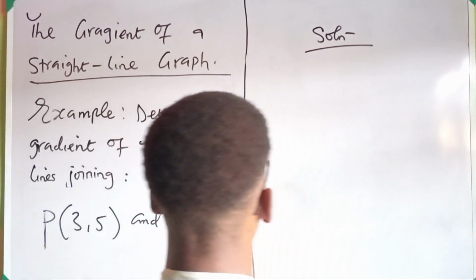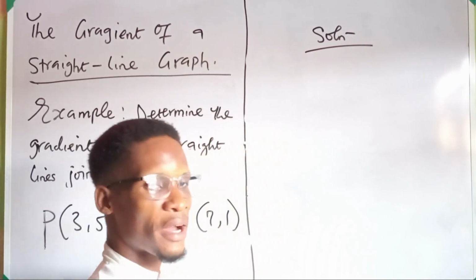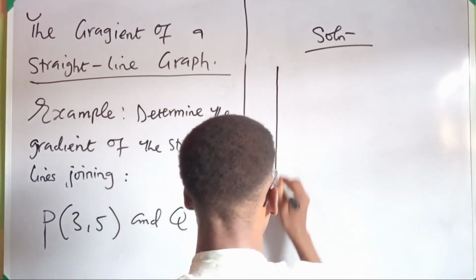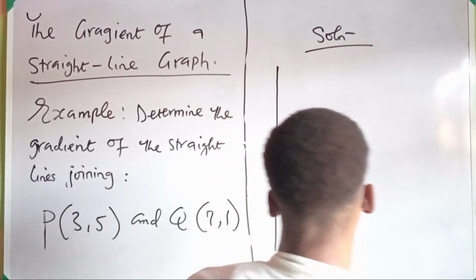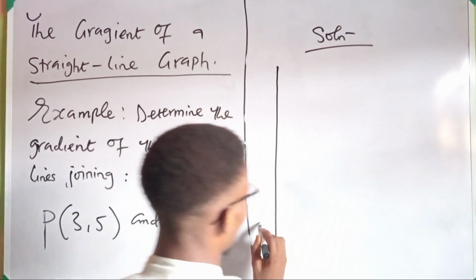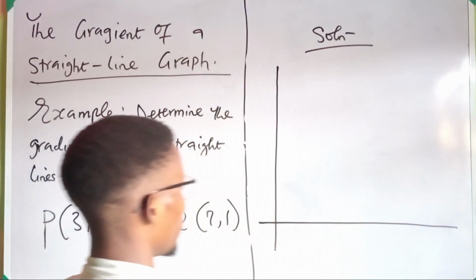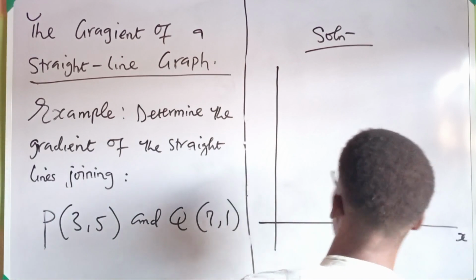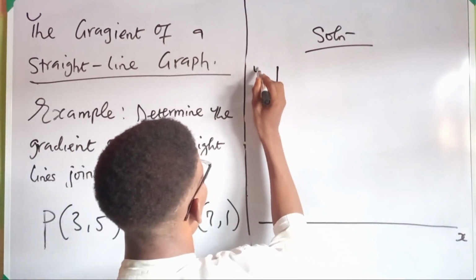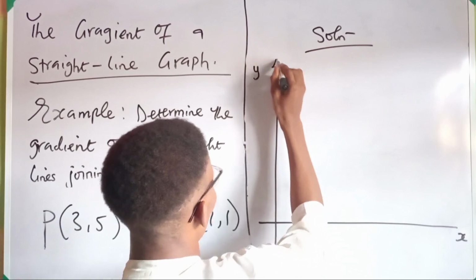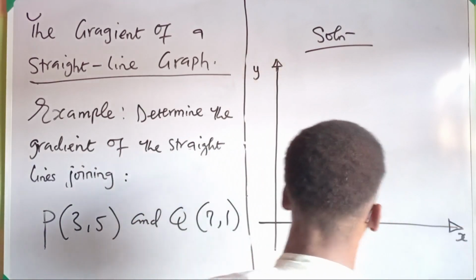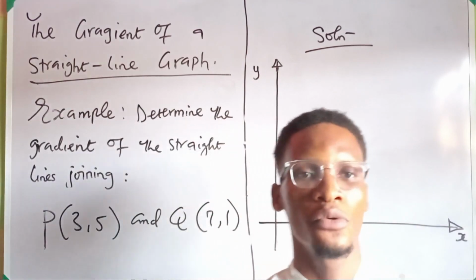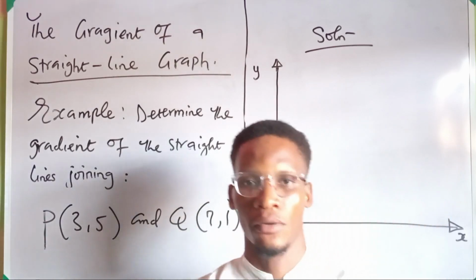Now you plot the S and Y axes, which is this vertical line, and here is a horizontal line. So we call this the S axis and this the Y axis. The next thing you need to do is to get the scale.